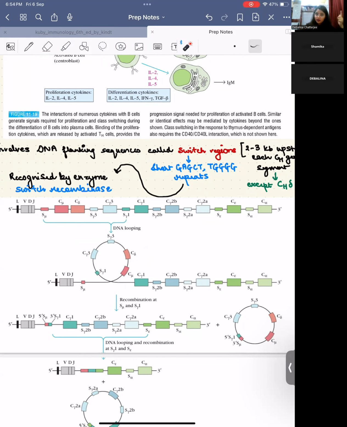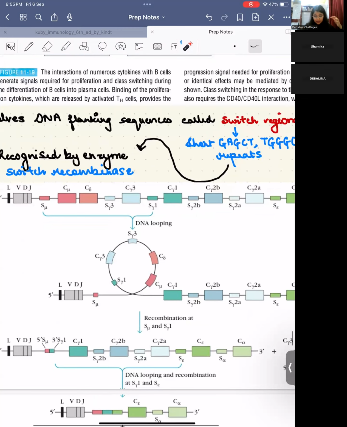Since we were talking about why IgM and IgD are always expressed together: it is because they are in very close vicinity, and the chances of these segments getting spliced off separately is not very likely. Why, if there is an additional distance, are IgM and IgG not expressed together?